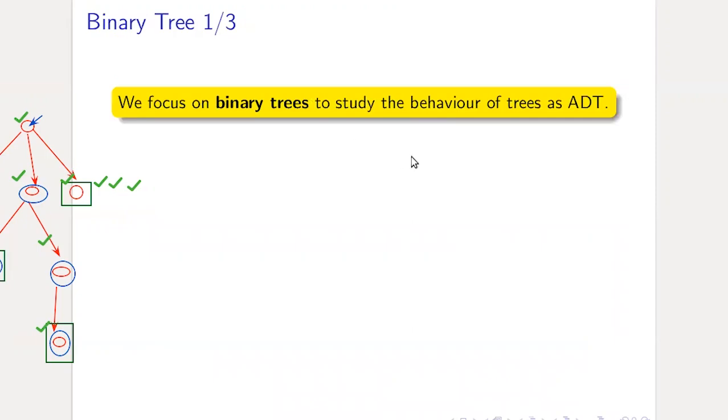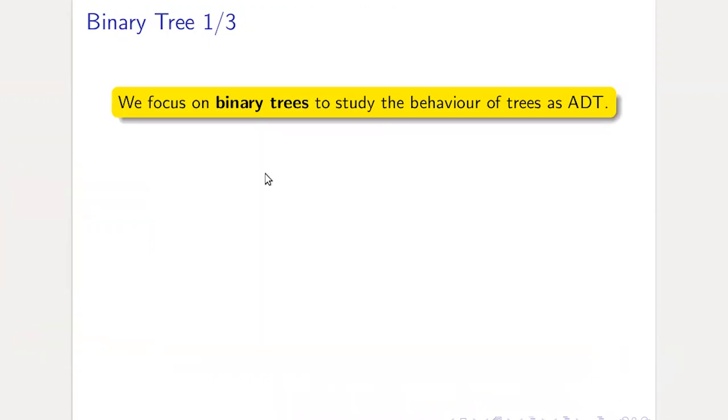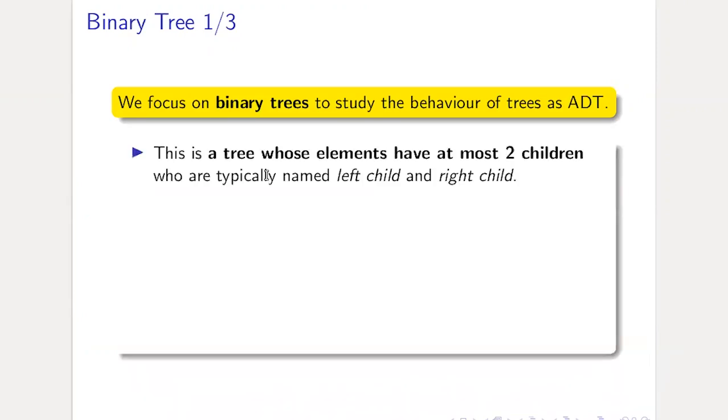For our discussion in semester 1, we will focus on a particular variant of the tree abstract data type called binary trees. The difference here is that each node will have at most 2 children.